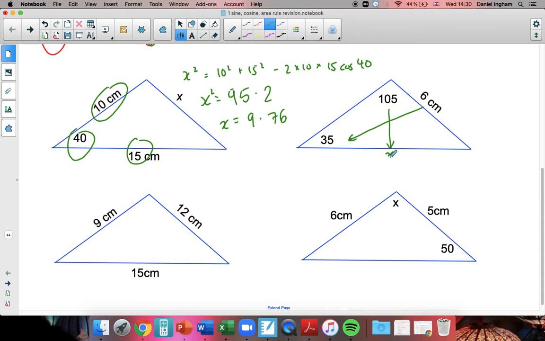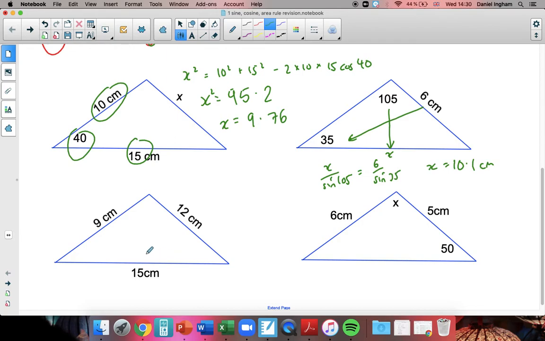If I call this x, I could say that x over sine 105 is 6 over sine 35. A little bit of rearranging will tell me that x is 6 sine 105 divided by sine 35, so x is 10.1 centimetres.